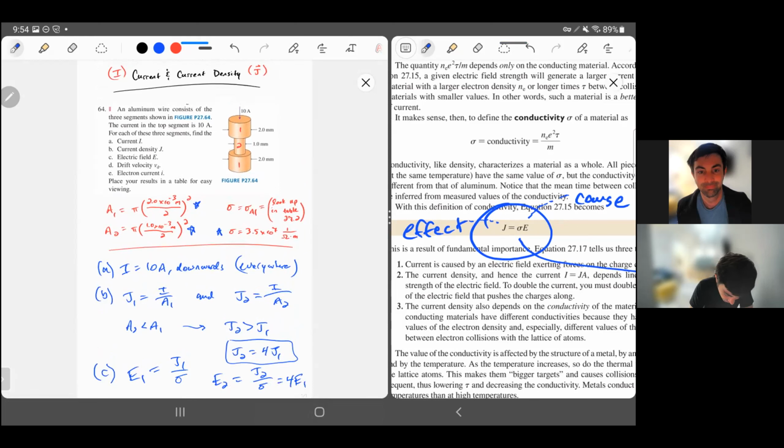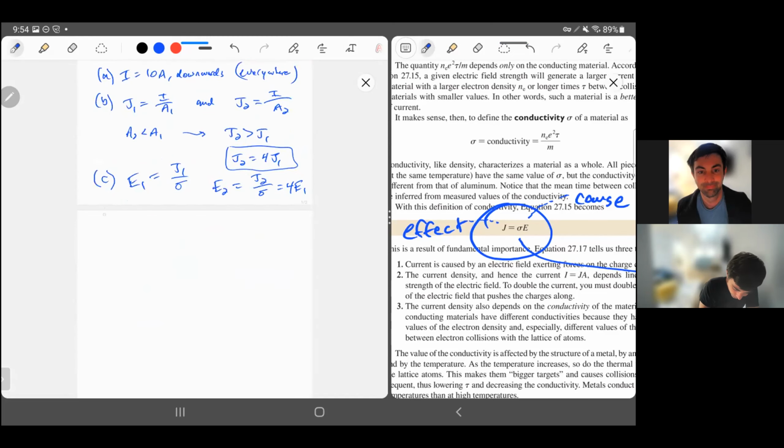So the electric field's stronger here. E2 is some value, and then E1 is a smaller electric field. Right, so we're able to infer some information about the electric field just based on what's going on with the wire's radius.